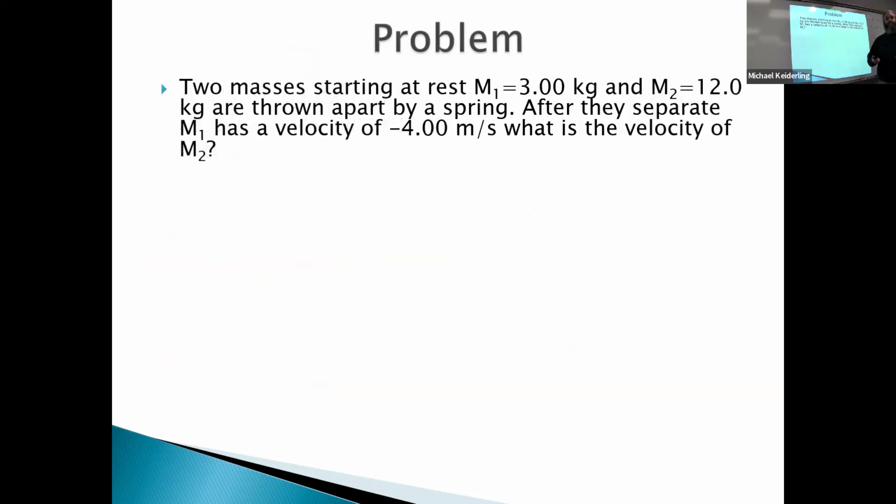Here we have a similar problem. Two masses starting at rest. Mass 1 has a mass of 3 kilograms, mass 2 has a mass of 12 kilograms, and they're thrown apart by a spring. After they separate, mass 1 has a velocity of minus 4 meters per second. What is the velocity of mass 2?